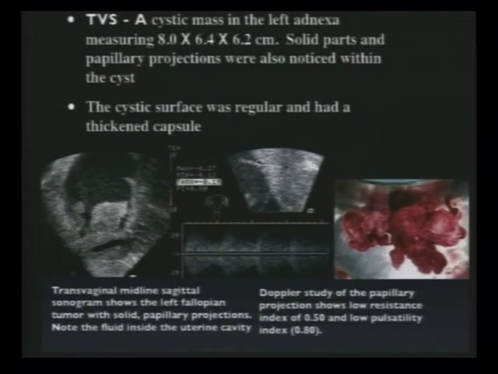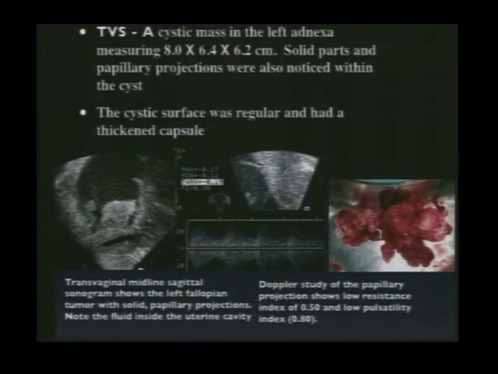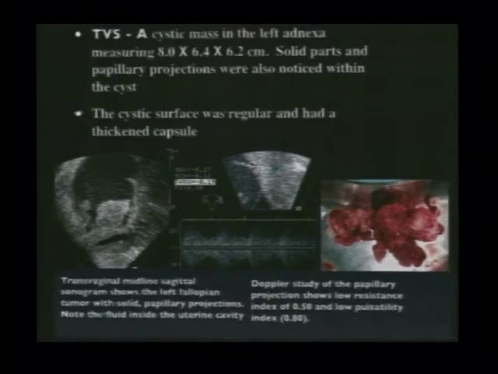What they found, as you can see here, was a left fallopian tumor with solid papillary projections. Note the fluid inside the uterine cavity. This is a clue for tubal carcinoma. And you can see abundant blood flow with low resistive index within the papillary projection.